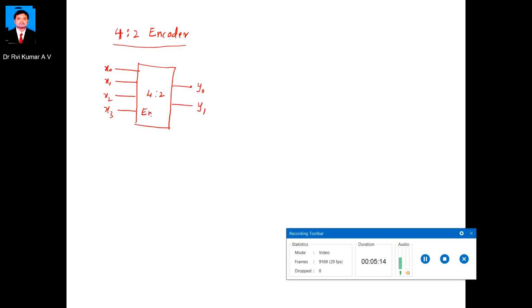This is a basic encoder. We'll see the functional diagram for this with x0, x1, x2 and x3, and the outputs y1 and y0.